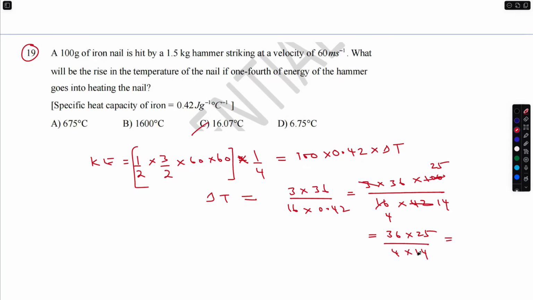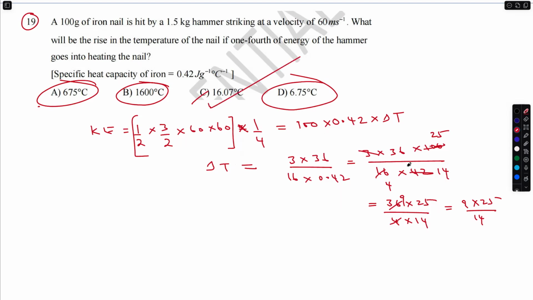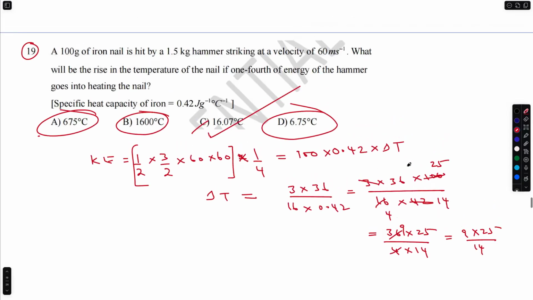Here 2, here 2, if we take out, 9 comes here. Okay, 9. So 9 into 25 by 14. Now see, the range of answers, unnecessarily I am doing it very vast. Sorry, bhaiya, see, 9 into 25 by 14 is undoubtedly more than 10. So this is the only option available for it. Options helped me a lot here.